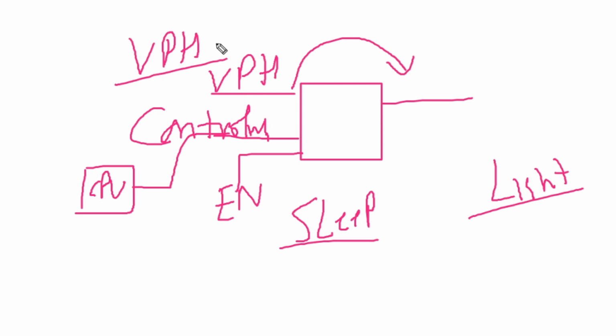But the VPH voltage is always there. Suppose this IC worked on only VPH, then the light would always be on. That's why the controlling section or enable is important.